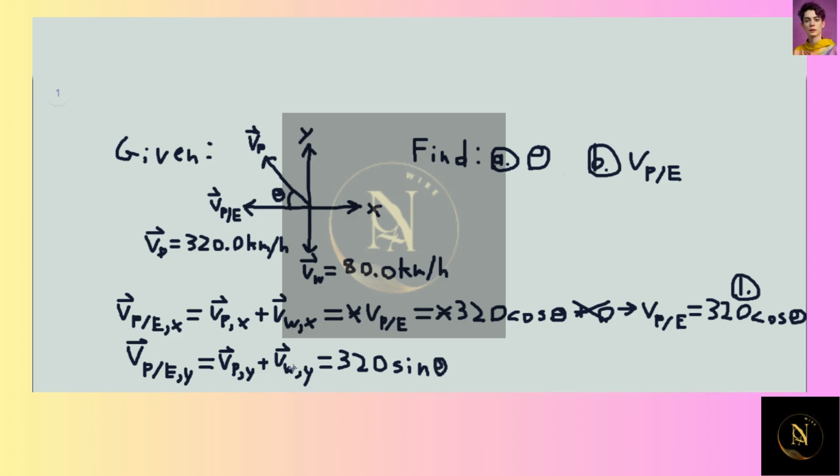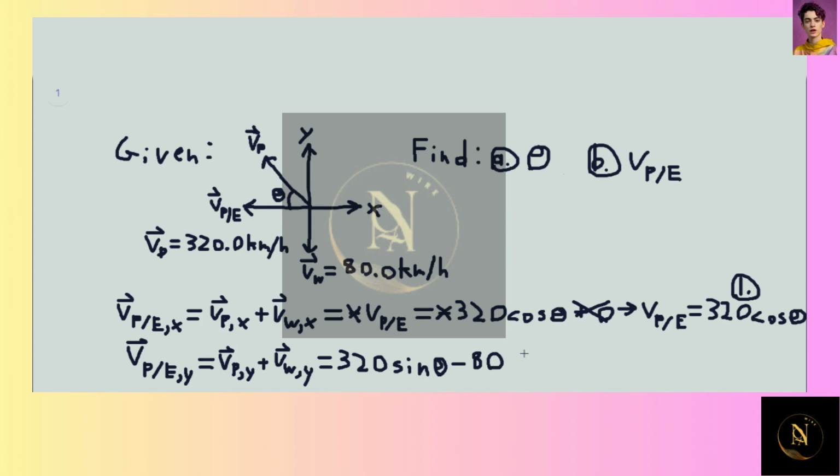Now let's look at the velocity of the wind in the y direction. So again, the wind is going south here. So that means that it's going to be in the negative y direction. So we're going to have a minus 80 here. Okay. So now we have that.